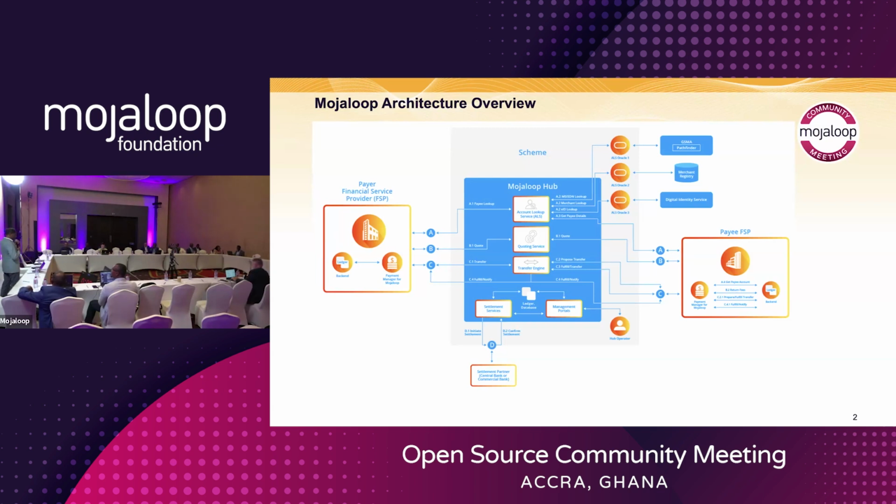But before going too much into that, looking at the Mojaloop architecture overview, it's probably not visible there, but for those of you who are on Zoom, you can see it. What I want to focus on is there are two boxes on either side, a payer and a payee DFSP. And then inside the Mojaloop switch, there are several core services. Probably if you're not able to see it, that's fine. I'll name them.